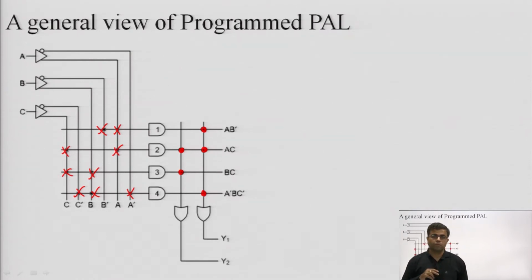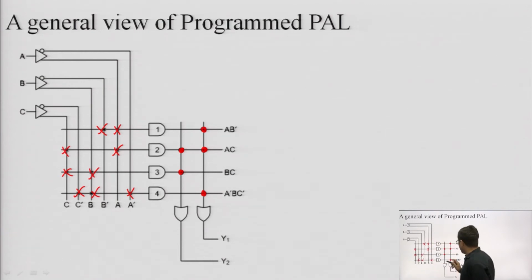That means if you want to generate an output which has two sums, and both sums have two products each, then this structure of OR cannot be changed. You cannot increase the number of terms in that OR gate. Product values can be updated, but this 2 cannot be changed to 3 or reduced to 1.